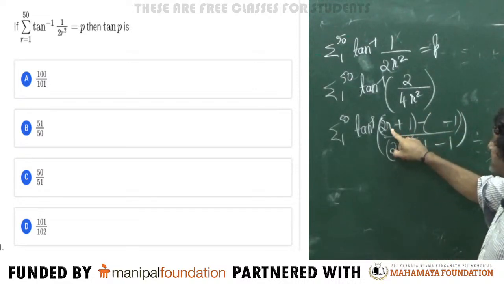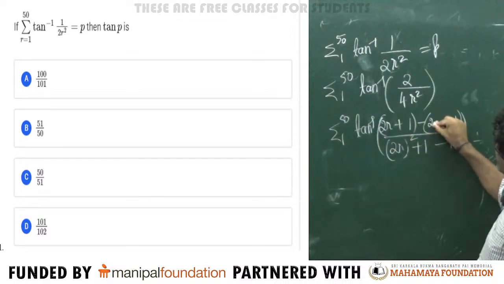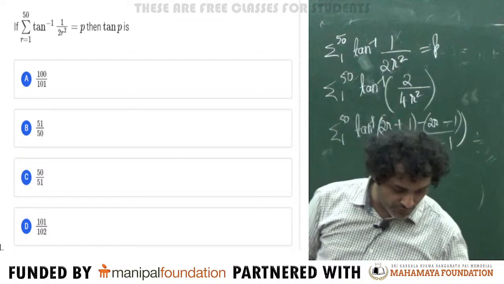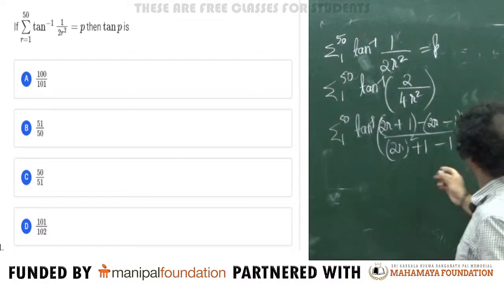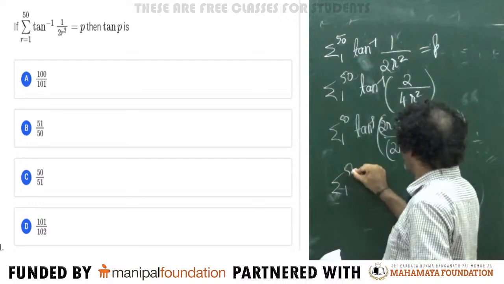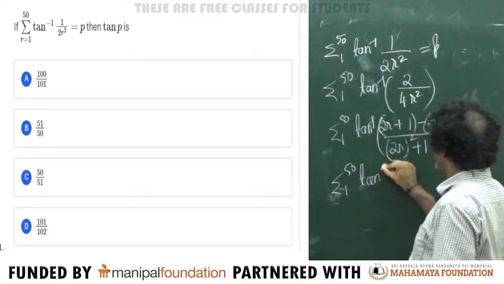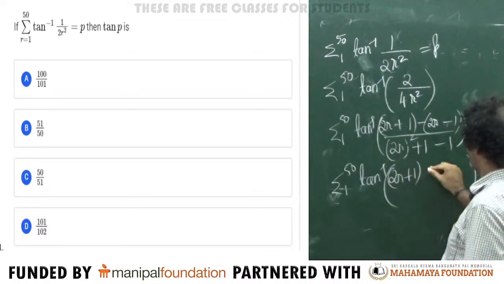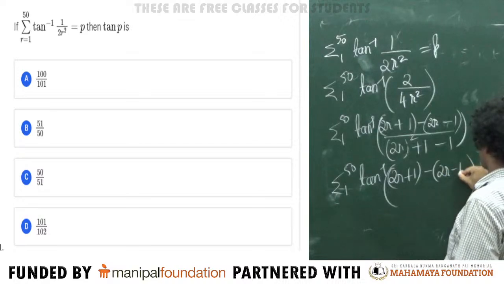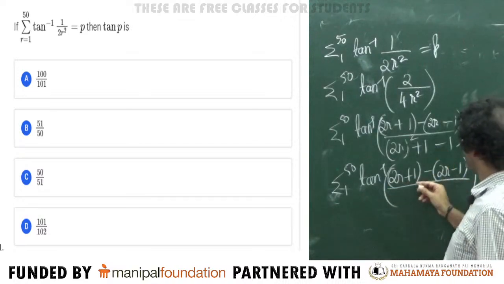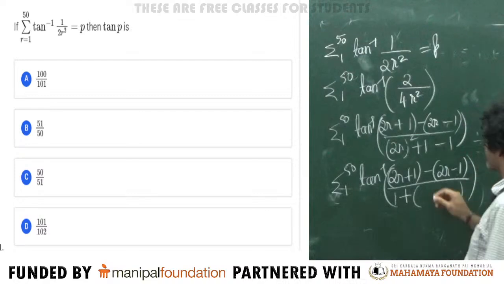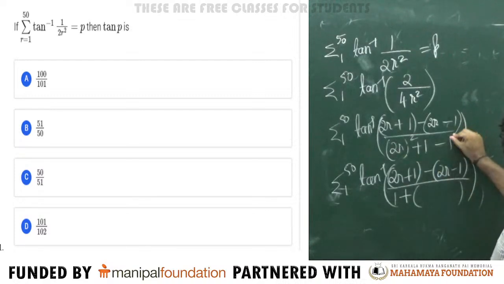I cannot simply add 2r. I should also subtract 2r, right? I did something like this. Any idea what I'm doing? So it is summation 1 to 50 tan inverse, have a look: (2r plus 1 minus 2r minus 1) divided by 1 plus, who is a squared minus b squared?